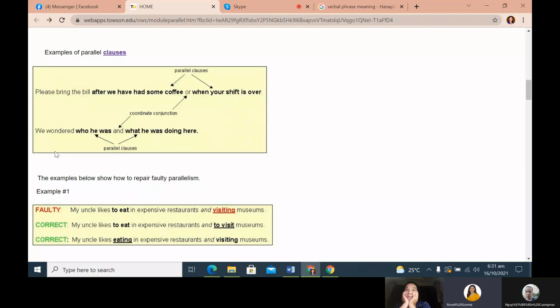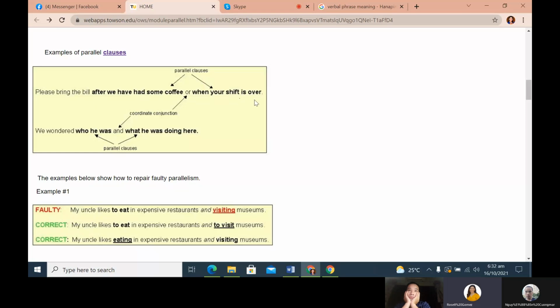Okay. Is this a parallel sentence or not? Yes. The sentence is using two subordinating clauses. Please bring the bill after we have had some coffee. Or please bring the bill when your shift is over.